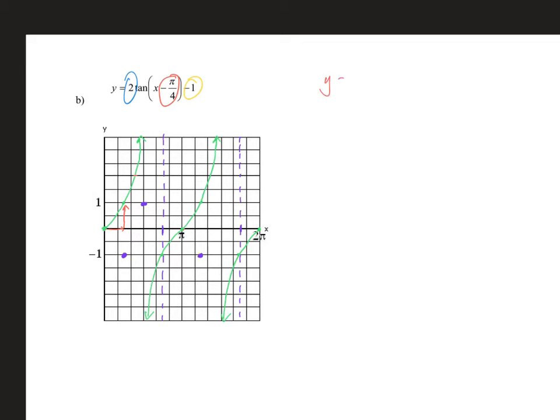My normal tan curve has a leading coefficient of 1. It hasn't been vertically stretched. So over pi by 4, up 1. I'll notice that this tan curve is over pi by 4 and up 2 units. It gives me a little bit of confirmation.